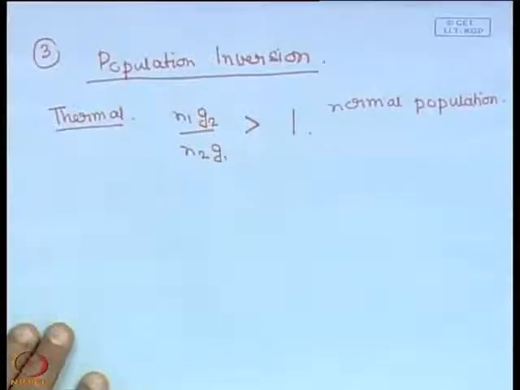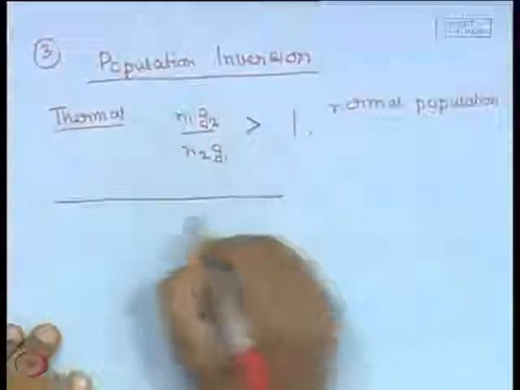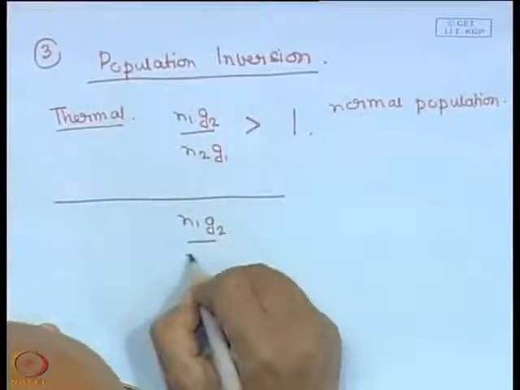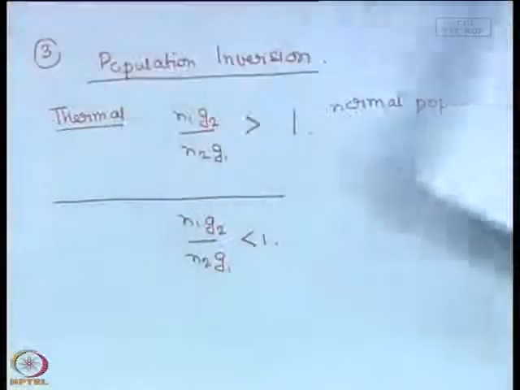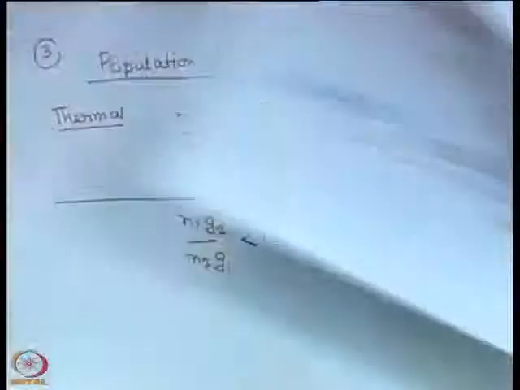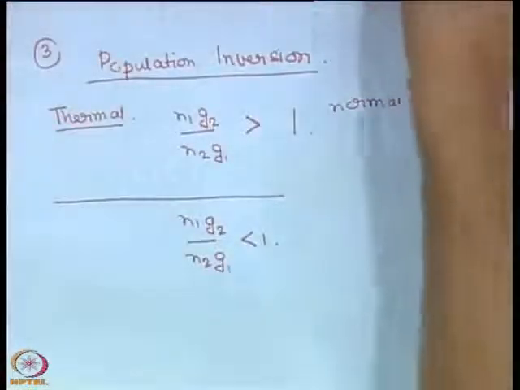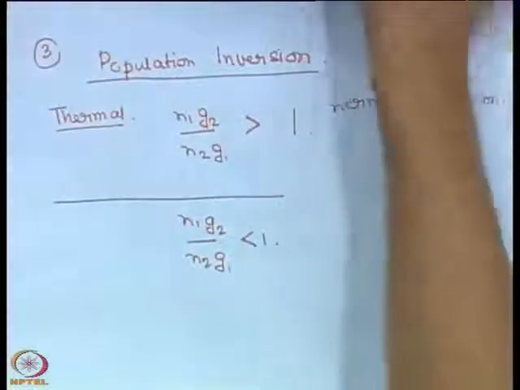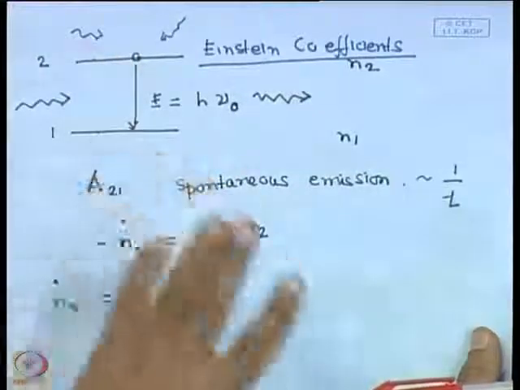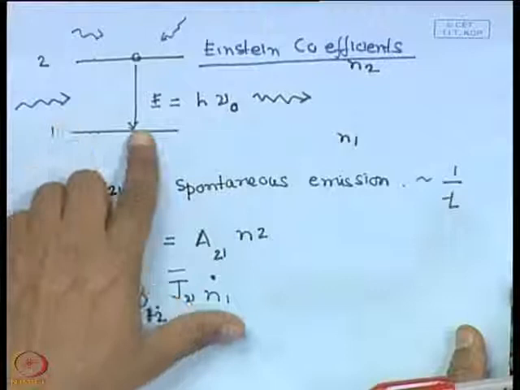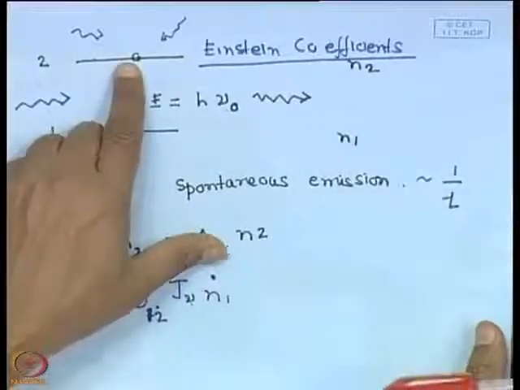But there are situations where you have what is called an inverted population, where you have N1 G2 by N2 G1 less than 1. Essentially, in thermal equilibrium, or in typical non-thermal situations also, the lower energy state has a larger population than the upper energy state.